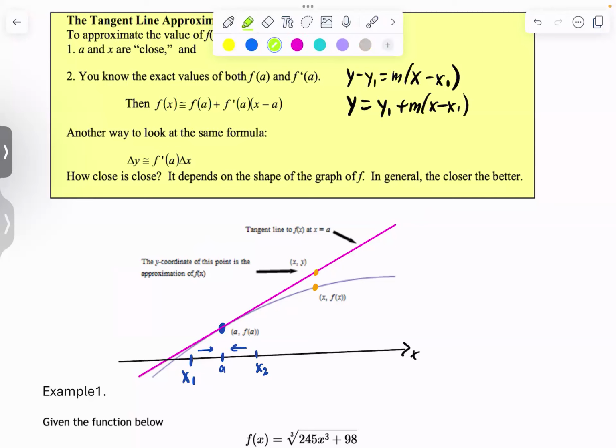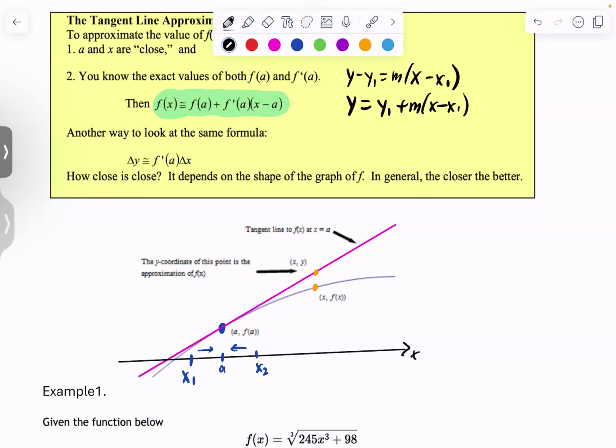And that is precisely what we have right here. They're using f of x, I'm using y's, but it's the exact same formula. And again, our x values need to be close to a. The further away from a we get, the less accurate it's going to be.